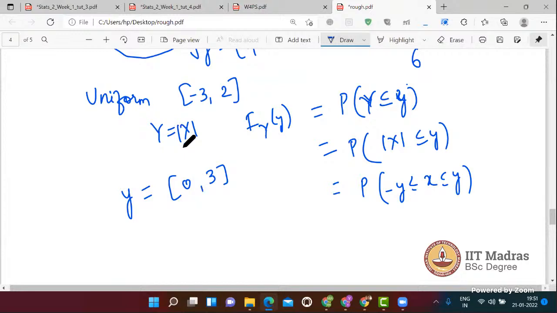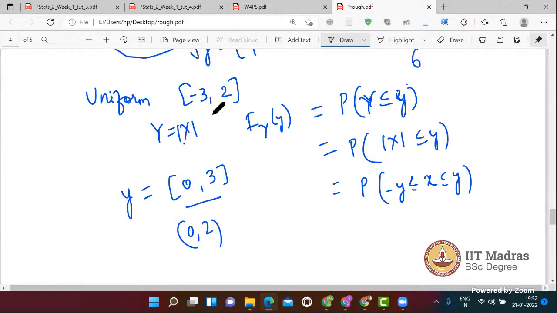Y is mod of X, so if you take the mod of X, your support will be 0 to 3. Now check whether all the values lie within the support of X or not. From 0 to 2 it will lie, but 2 to 3 is not lying.